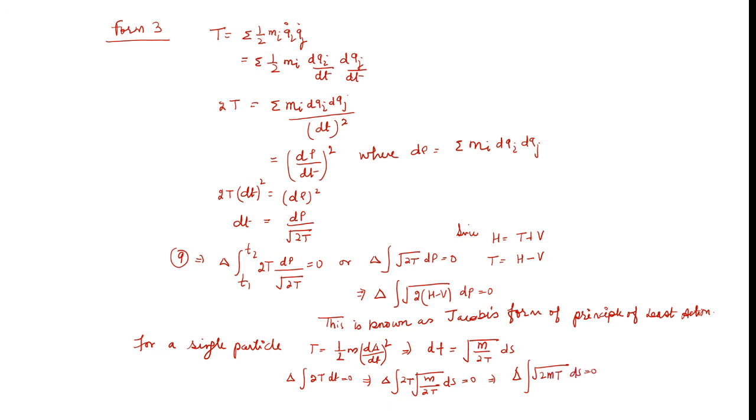Again replace T by H minus V: delta of the integral of root twice m (H minus V) ds is 0. So this is another form, form 4. So these are some different forms of the principle of least action, which are used according to the situation.